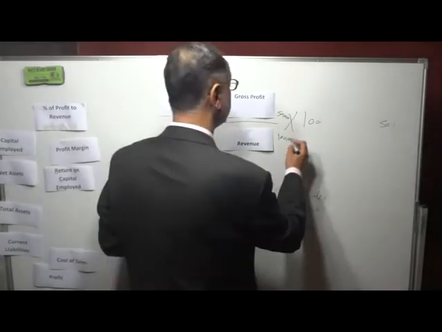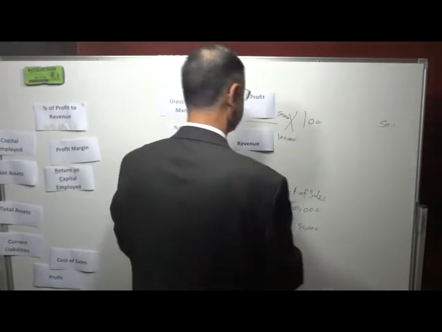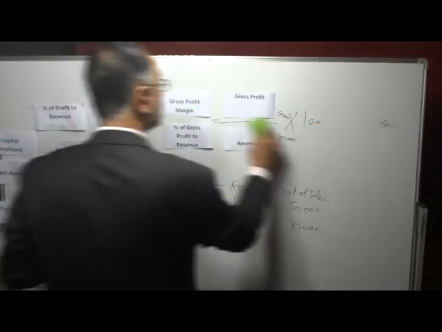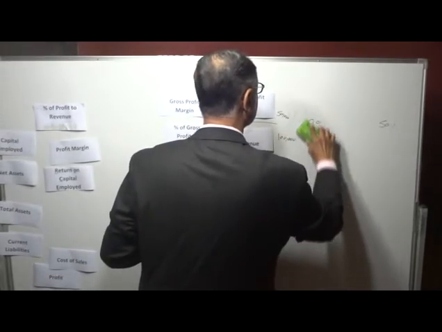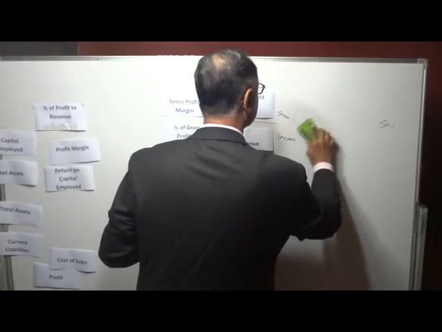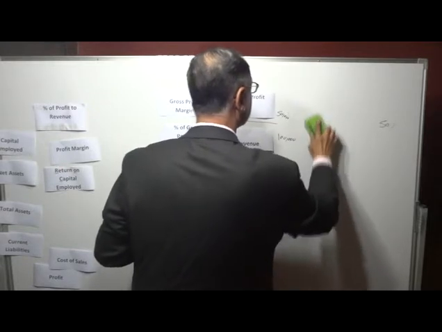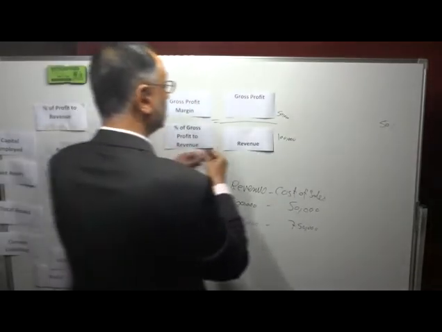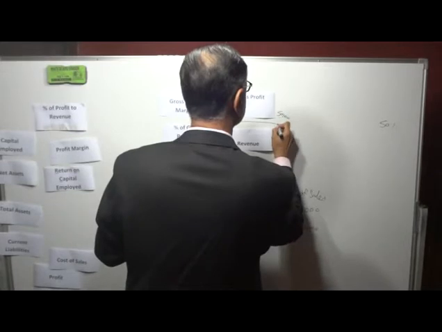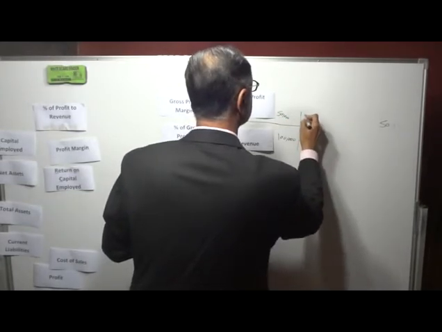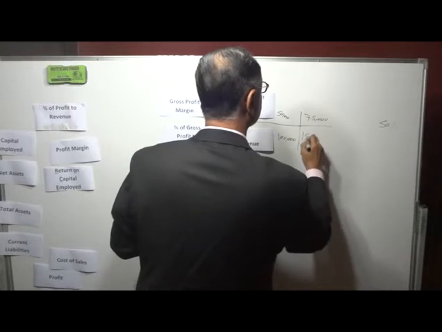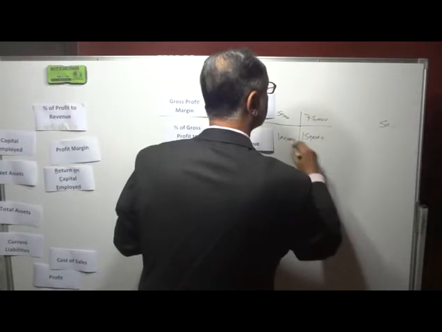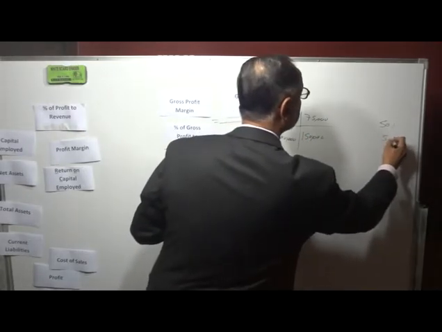If you divide the $75,000 over 150,000, another 50%.